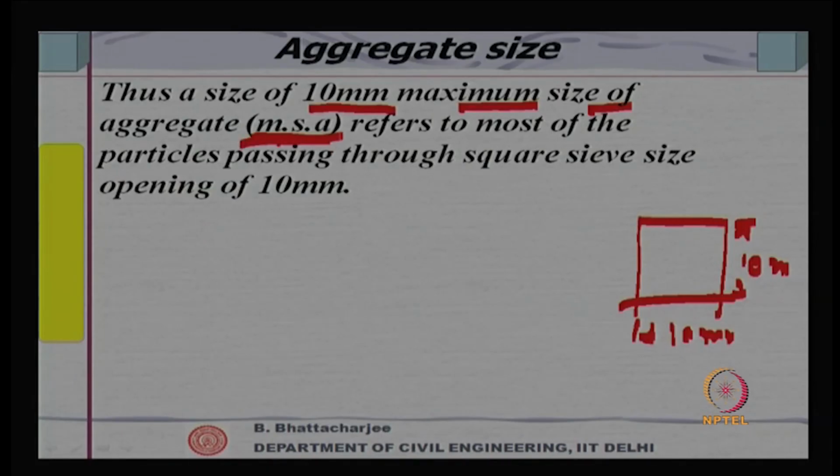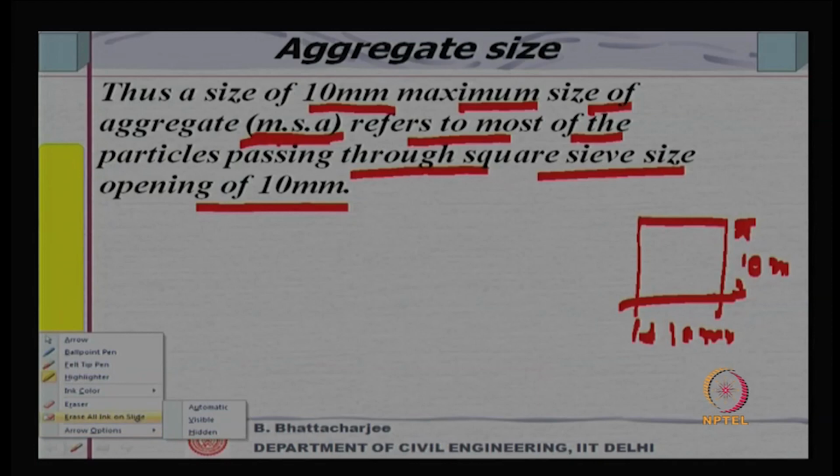Now onwards I will be talking of MSA and may not be stating this maximum size of aggregate all the time. So, if we understand that MSA equals 10 millimeter, it refers that most of the particles pass through a square sieve opening of 10 millimeter, while a few small percentage might be retained, and this has come from practice.